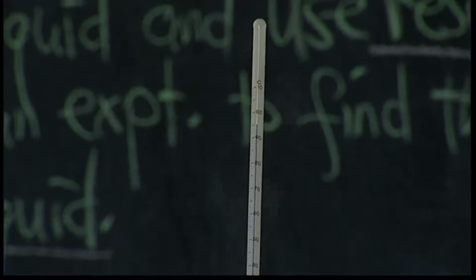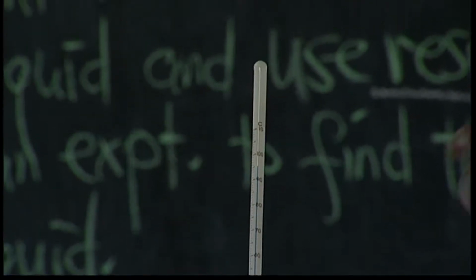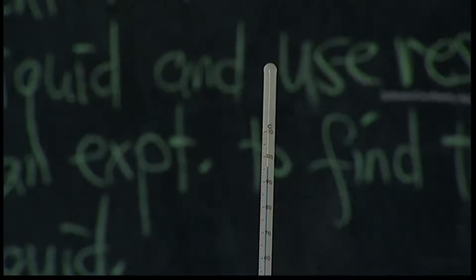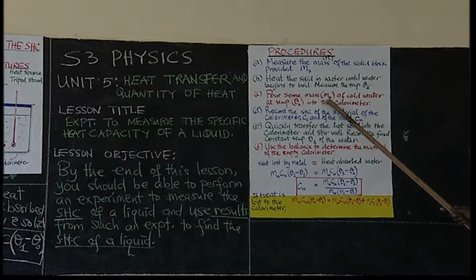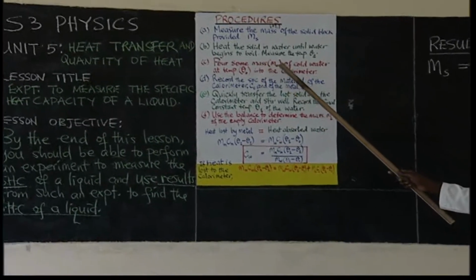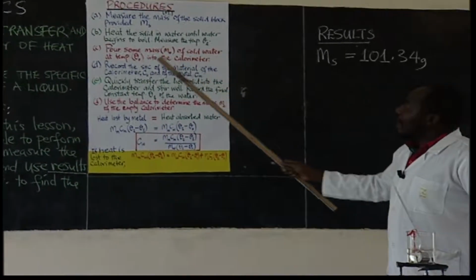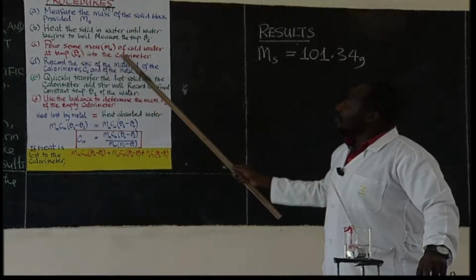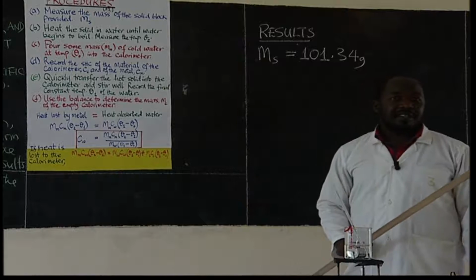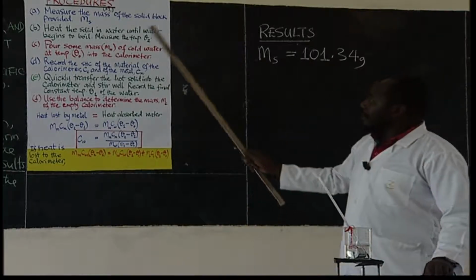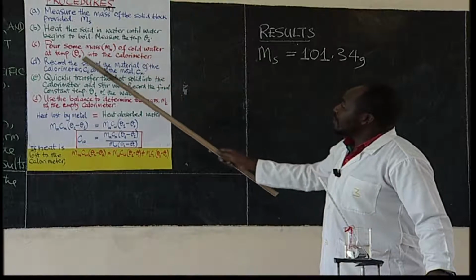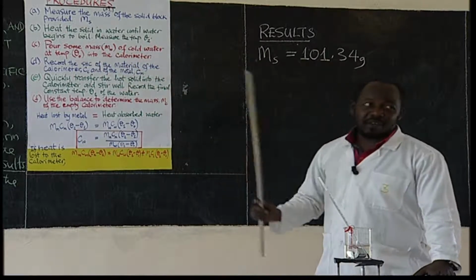And as we are preparing to take the value of theta 2, let us look at the next procedure. The next procedure says, pour some mass MW of cold water at temperature theta naught into the calorimeter.